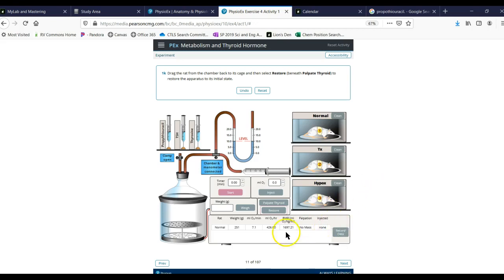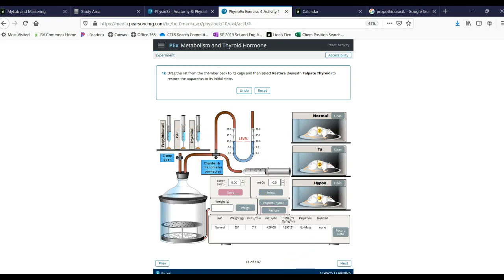So I'm never going to ask you what the value was. I'm just going to ask you whether or not the metabolic rate was higher in one rat versus another, or what the effect of a given injection was on a given rat. So you want to be able to say, what should happen to the basal metabolic rate of this rat if I inject it with that drug, and then explain why.